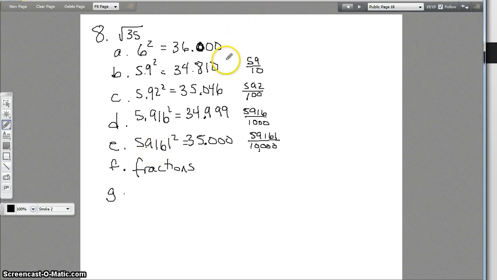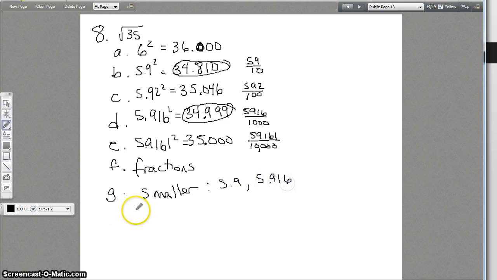So you can see the ones that are smaller than 35 are 34.810 and 34.999. So the ones that are smaller are parts B and D, which are 5.9 and 5.916. The ones that are larger are the rest of them.